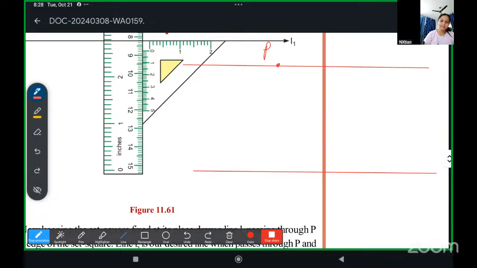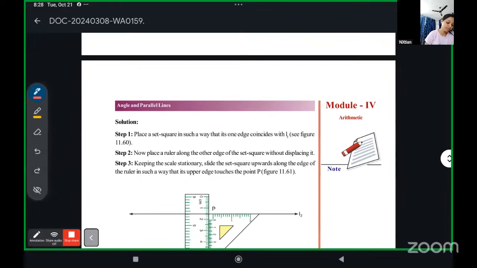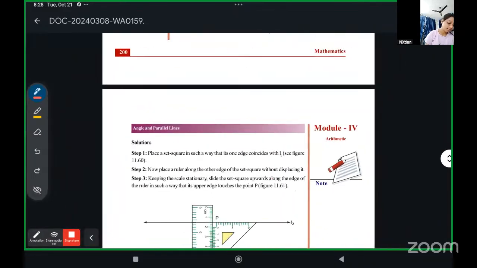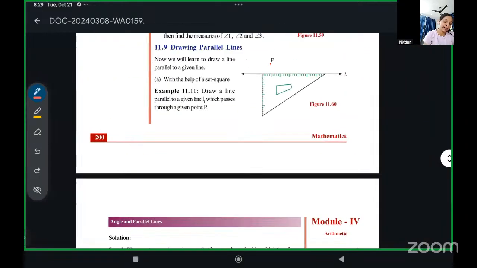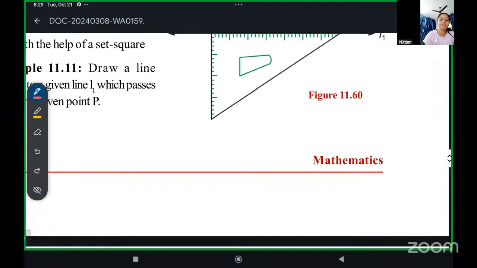Done till here? Okay. Now what we will do? Now place a set square in such a way that one edge coincides with L1. Now, which is your L1? The line that you drew, the bottom line is L1. The top line, name that L2.